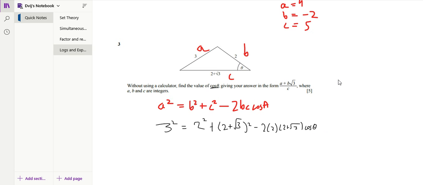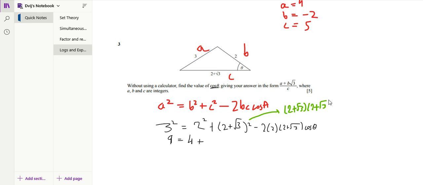Cool. So we can simplify this. We get 9 is equal to 4 plus, so let's expand this out. If you want to expand out a surd, it's probably a good idea, if it's squared, to just write out the same term again, just so you can visualize it a bit better.